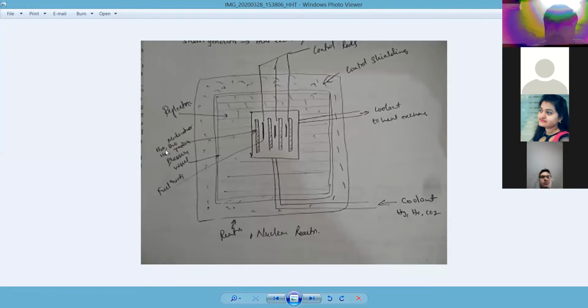Depending upon the type of moderator, coolant, and control rods used, reactors are classified. We'll study them in the next 2 or 3 classes. One more topic is how to control the nuclear reactor and dispose of waste. That's important. So in 3 classes, module 3 will complete.